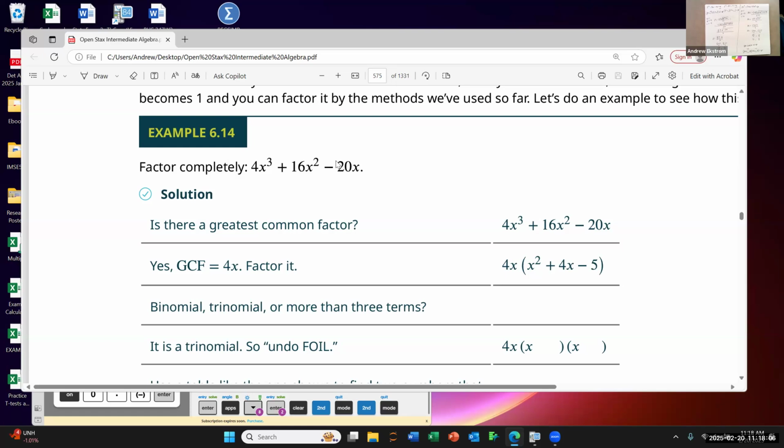Hopefully, if you see a problem like this on the exam, bare minimum, x cubed, x squared, x. Hopefully, you can at least figure out that you can pull an x out of everything.